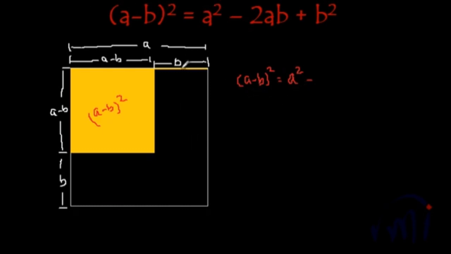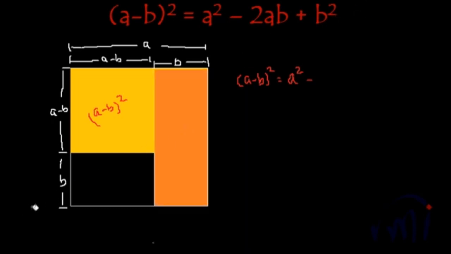So to find the area of this L-shaped figure, I am going to do certain constructions. First, I am going to draw a line from this point till this line. So what we get? If you see properly, this is a rectangle whose dimensions are b by a, right?